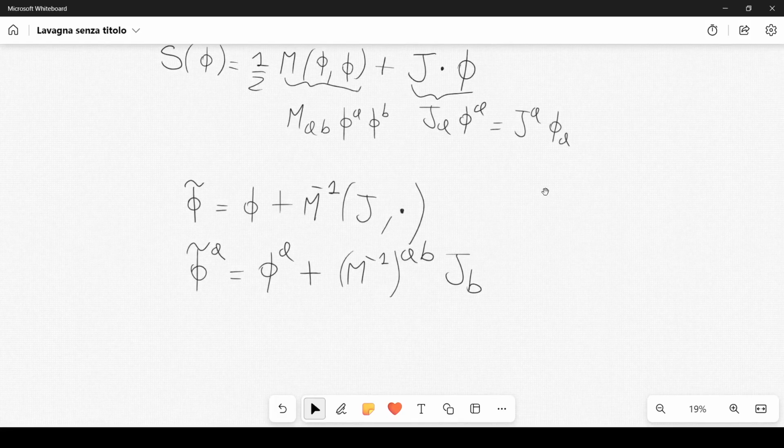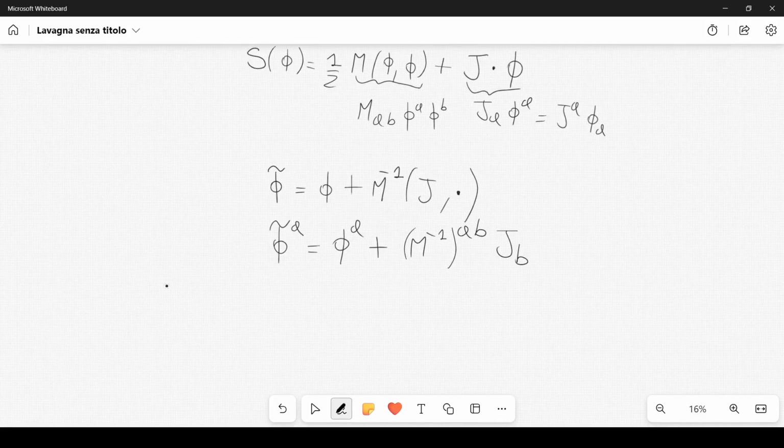So if we use this definition, we can rewrite the action. The action can be written as 1/2 M_AB phi_A phi_B plus J, so we can use either J_A or J_B, it doesn't matter, so we have phi_A J_A written like this.